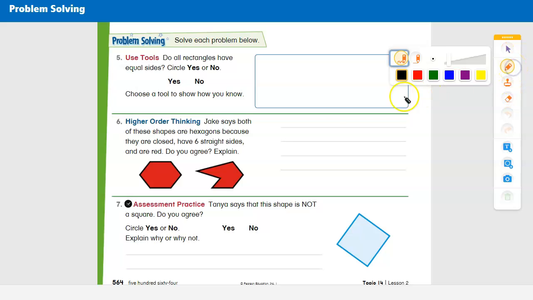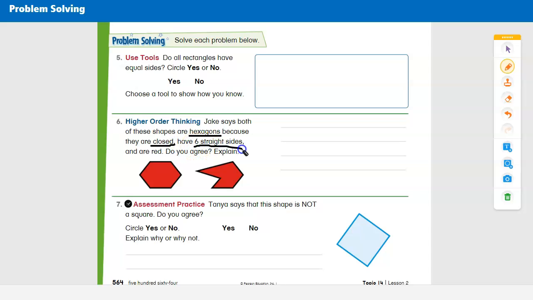Okay. So for number 6, it says, Jake says both of these shapes are hexagons because they are closed, have 6 straight sides, and are red. Do you agree? So Jake said that both of these shapes down here are hexagons because they are closed, they have 6 straight sides, and are red.